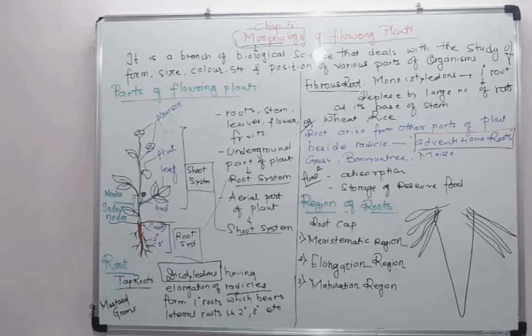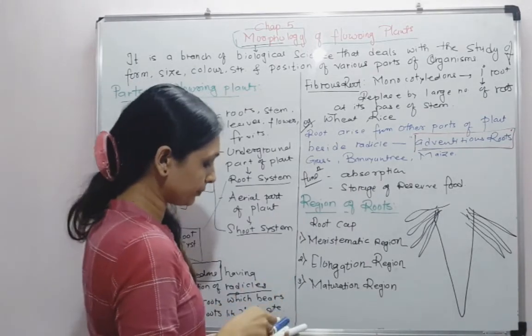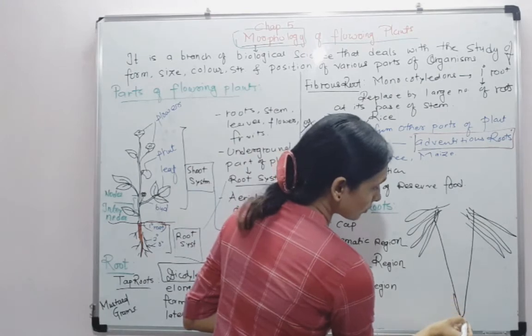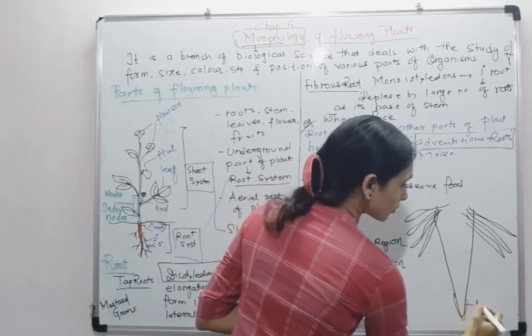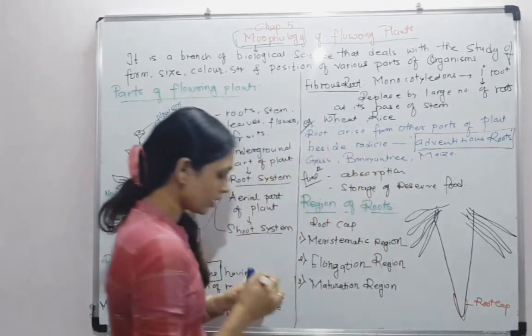Root cap. If we talk about root cap, the root is covered at the apex by a thimble-like structure called root cap. Right?